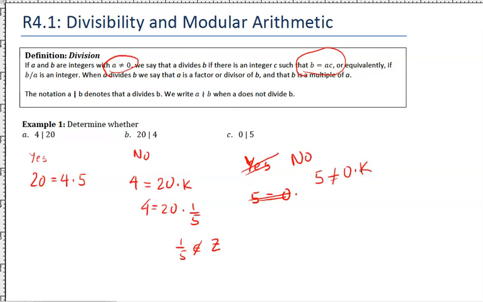That's not possible. It's equivalent to division by 0, so this is not true. These are our basic examples for this notation: a bar b means a divides b. With this, we're going to build a few theorems of divisibility and modular arithmetic.